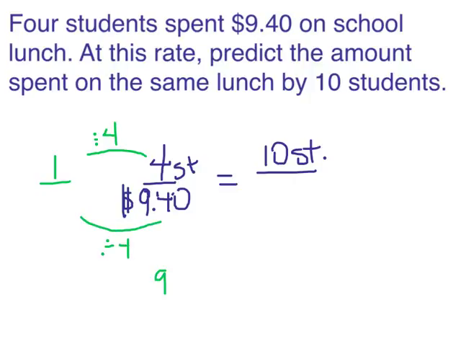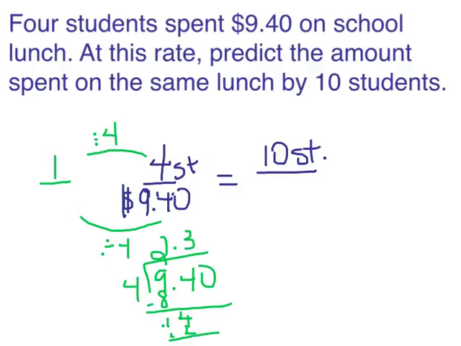So $9.40 divided by 4 is going to give me 2. 4 goes into 14 3 times. That's 12. I subtract. I get 20, and 4 goes into 20 5 times.